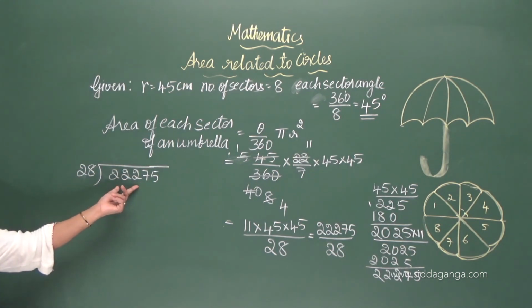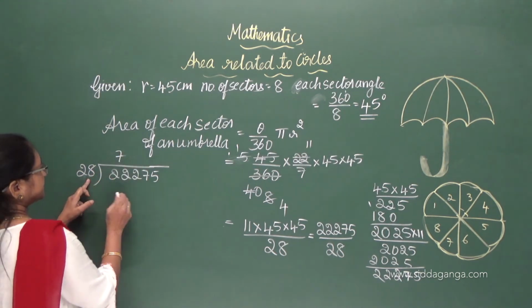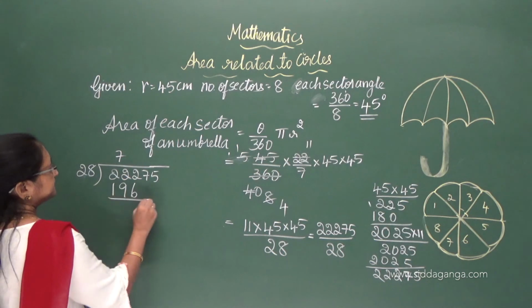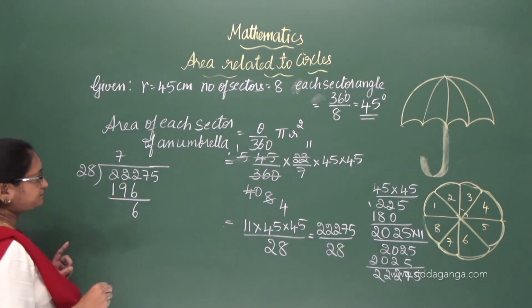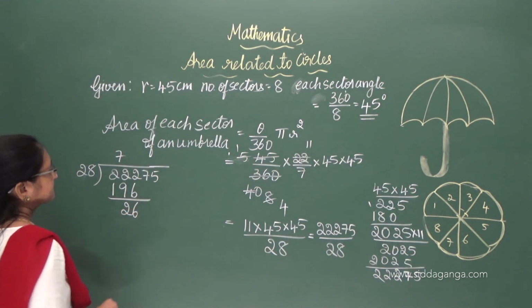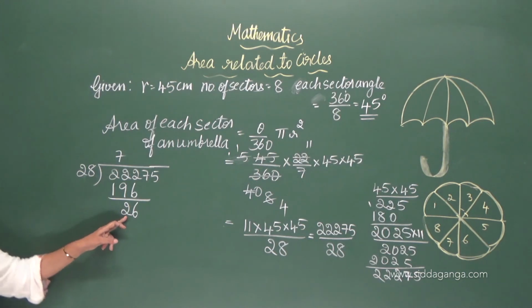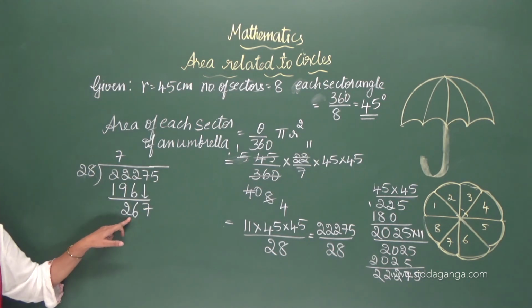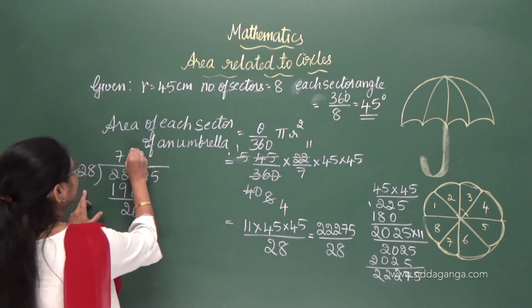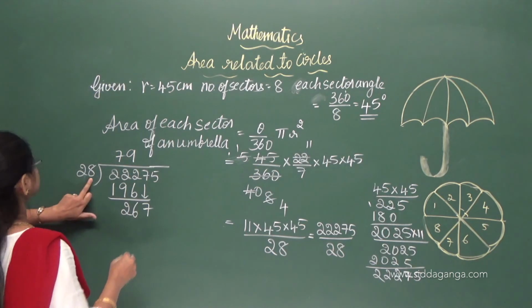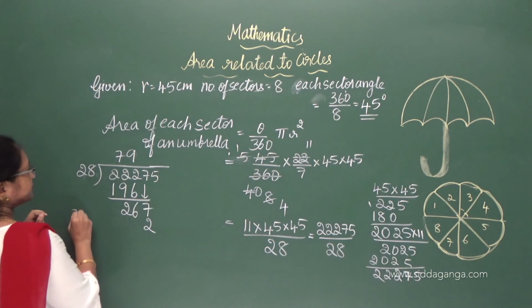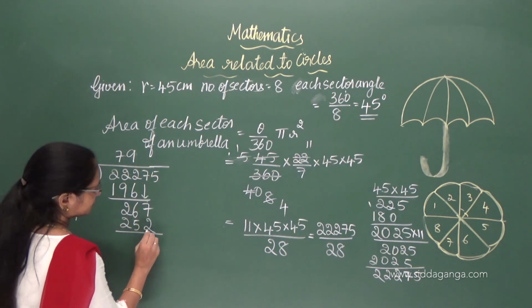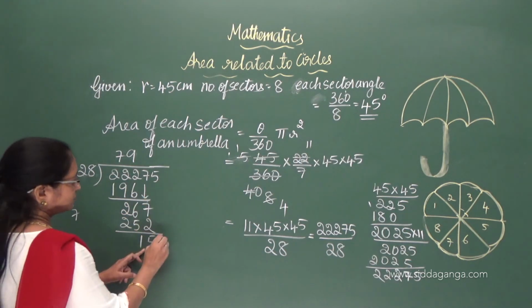So 8 7s are 56, 7 2s are 14, so 6 and here 11, 2, so 26, and I am going to take 7, then again 265. 265 we can put as 9s. 8 9s are 72, 9 2s are 18, so 25. So here 5, and we will take it down.